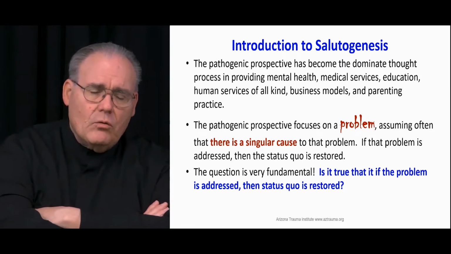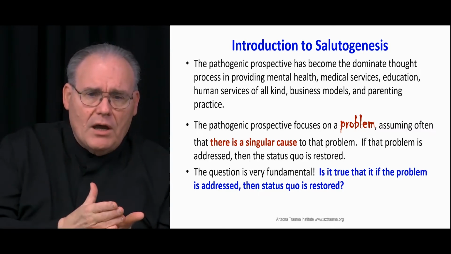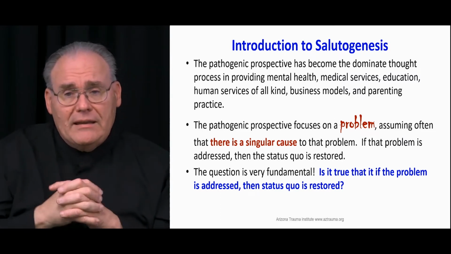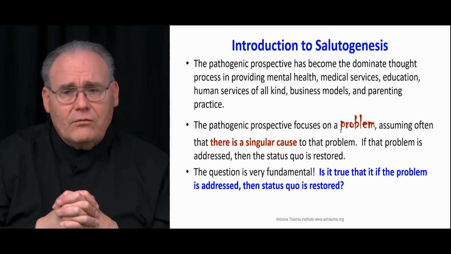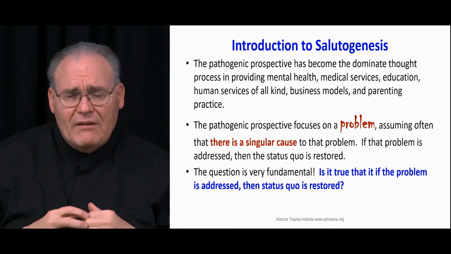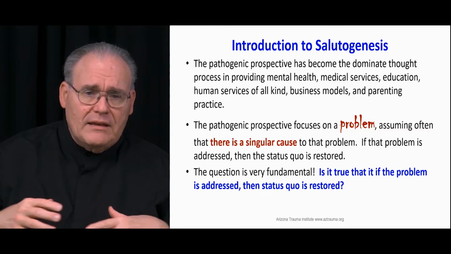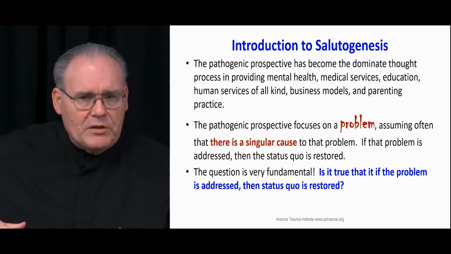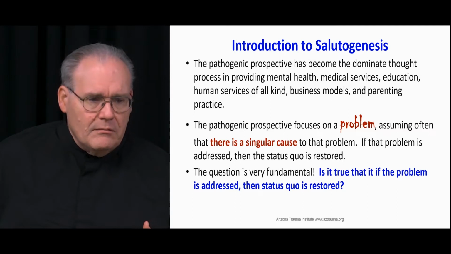And it assumes quite often, and quite often incorrectly, that there is a single cause. And we love single causes. We love them, love them, love them. And yet the reality is very few people have a single cause for what's going on. For example, I've worked with a number of families over the years, and what a dysregulated parent will often say, and I'm not criticizing them, but what you often hear is, well, Johnny is just doing that for attention.